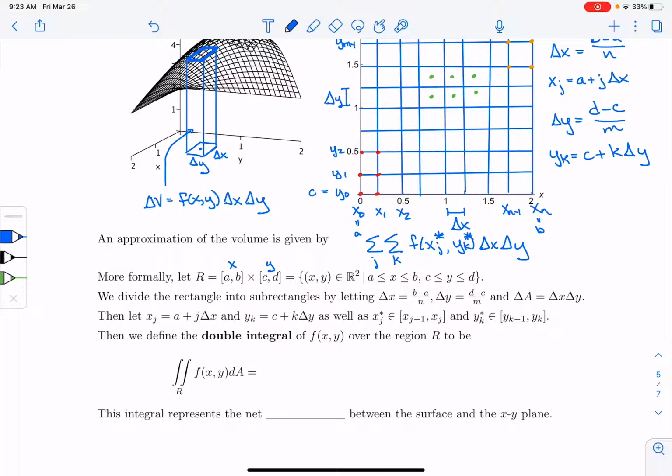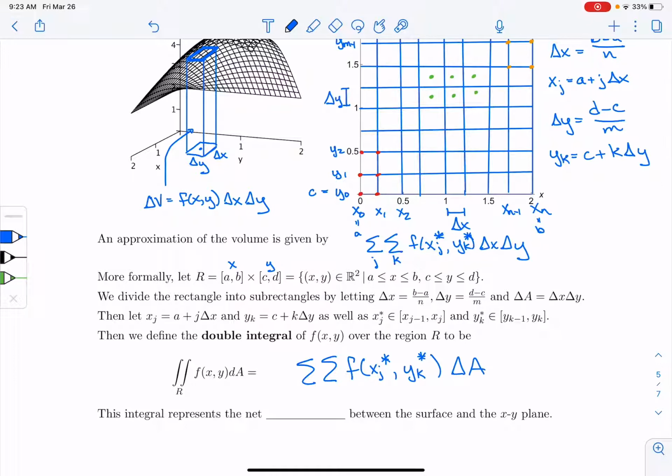And then we can define the double integral as a double sum over f of x j star, y k star, delta A, where delta A we're thinking of as being delta x, delta y.